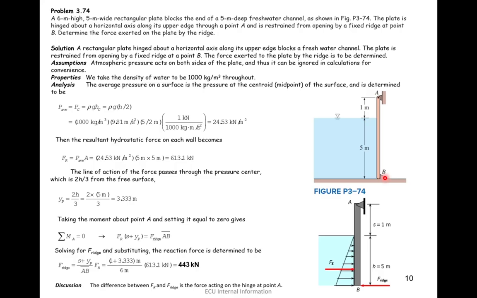As per the figure shown, the plate is hinged about a horizontal axis along its upper edge, which is this point, and is restrained from opening by a fixed ridge at the end, which is point B. Determine the force exerted on the plate by the ridge. That means we want to see what force is exerted on the ridge.